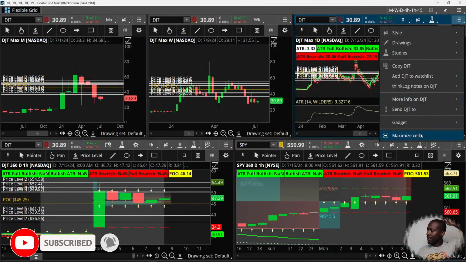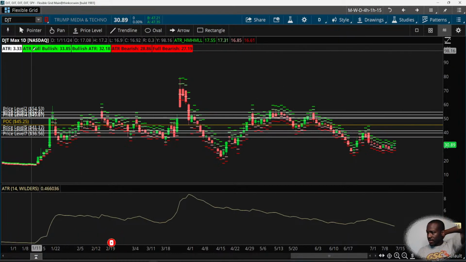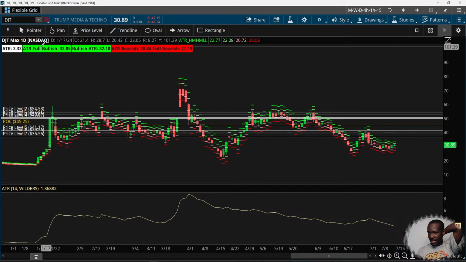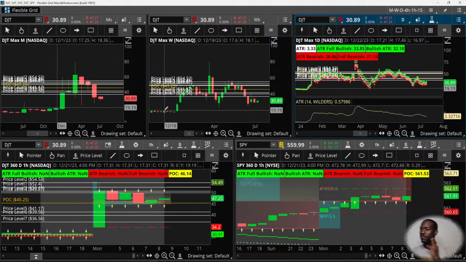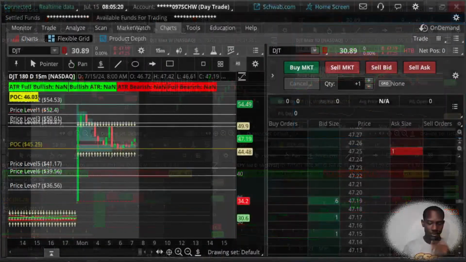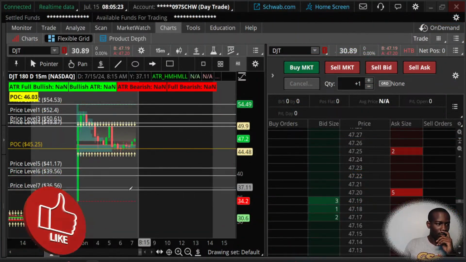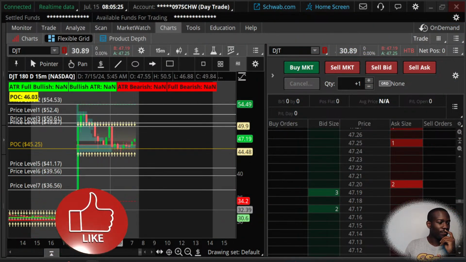This was from Friday. $3.33, where it was bullish, where it was bearish, and it is above all of these from Friday. Interesting.